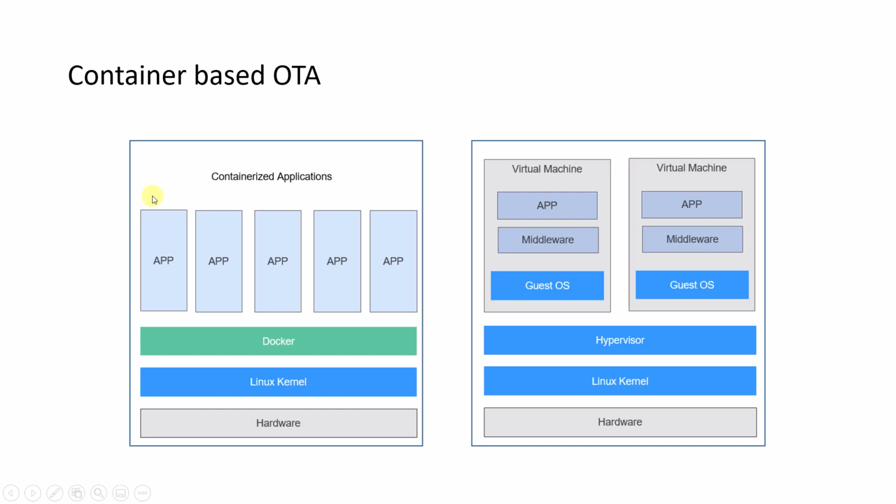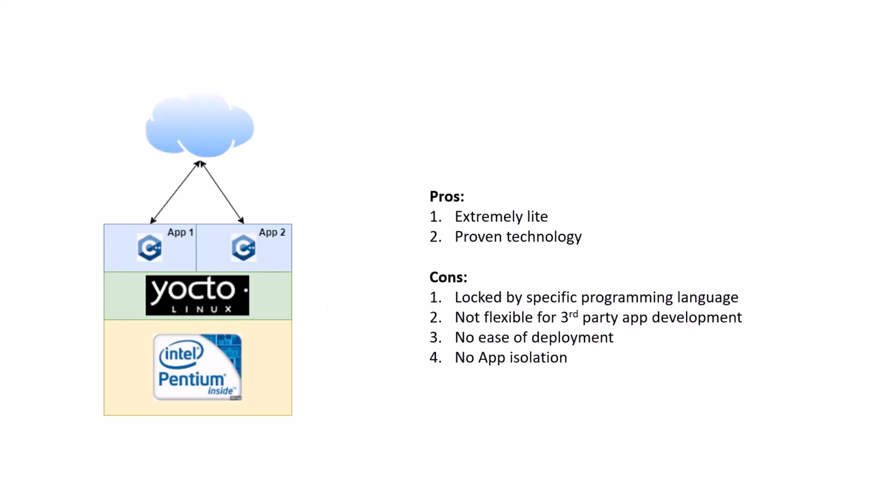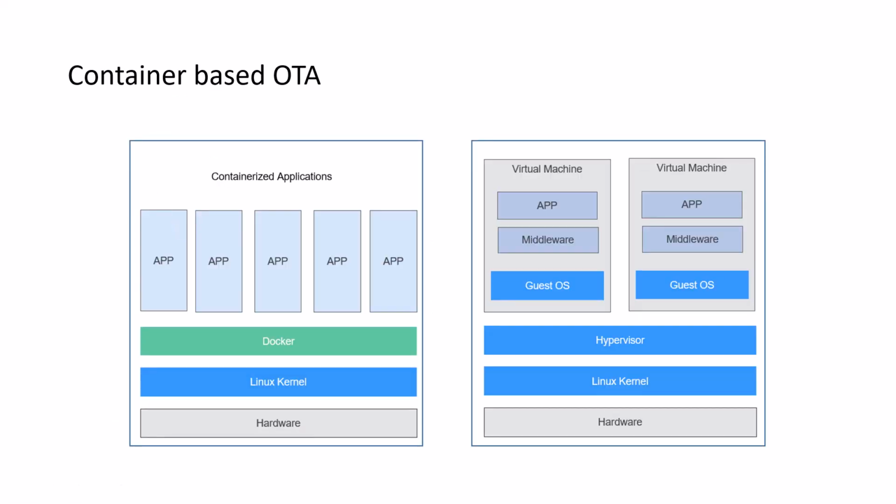So 170 plus 170, it is 340 MB that is needed to run the same apps for which we needed 40 MB over here. So you need 40 MB of RAM space to run these two apps, but to do the same job using containers, you have to spend 340. But if you go the VM way, it will be in GBs.